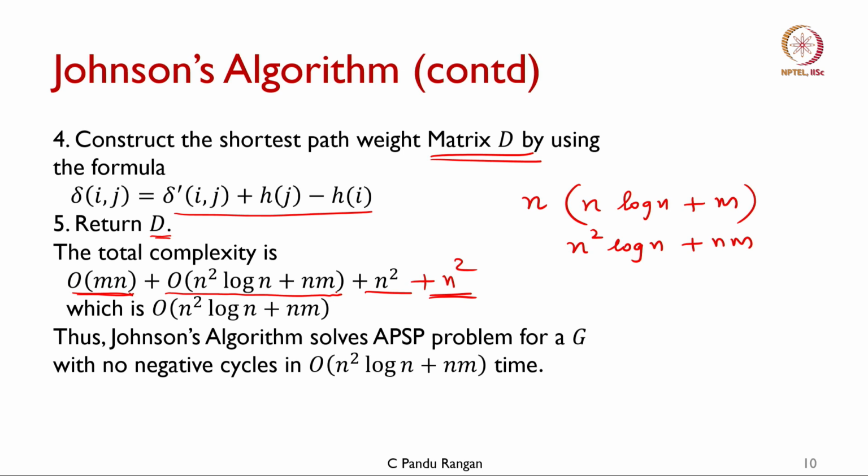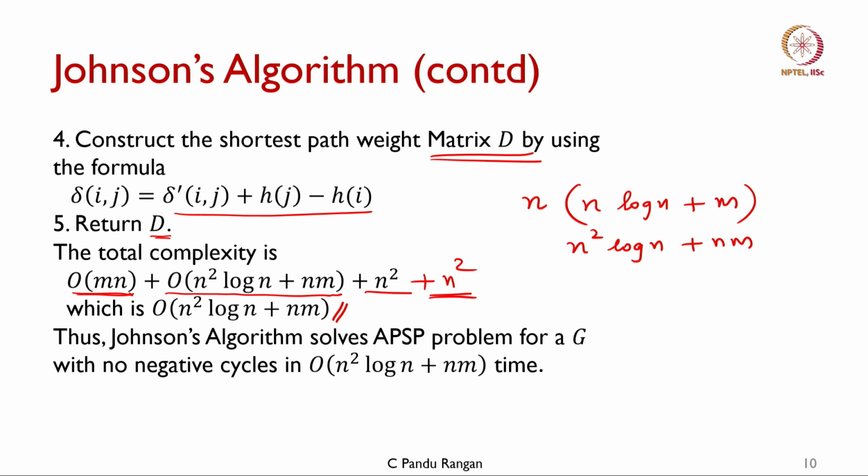This is the cost of n applications of Dijkstra's algorithm. So n square log n plus n m is the dominating term. Therefore, this sum has a total complexity given by O(n square log n plus n m).